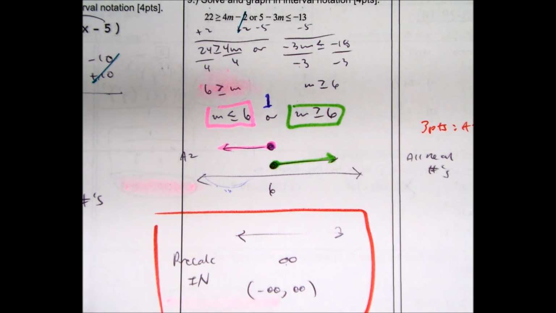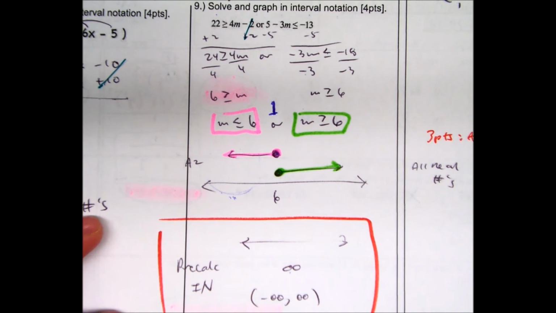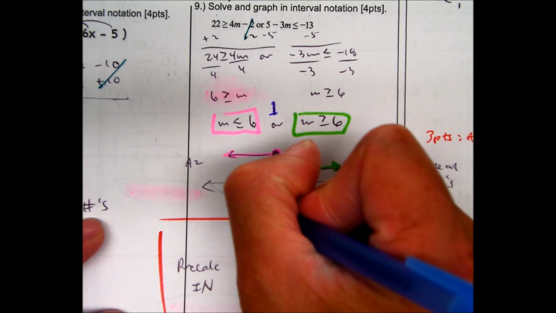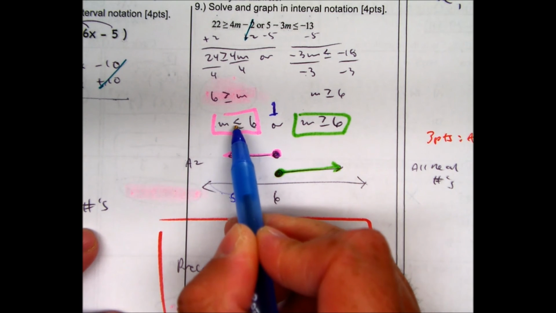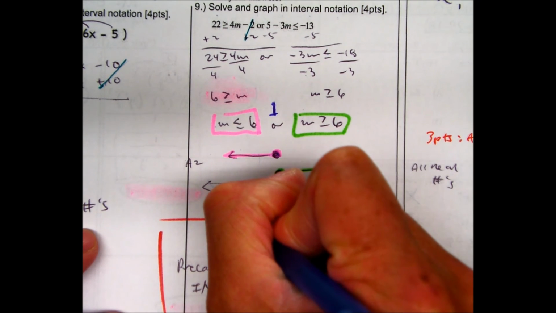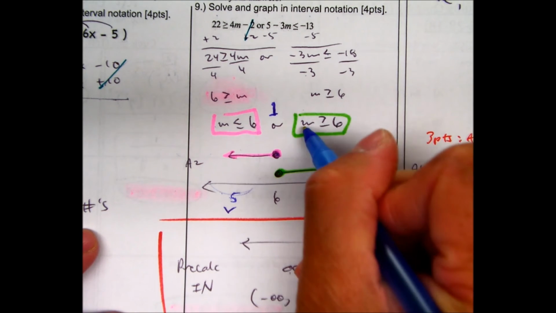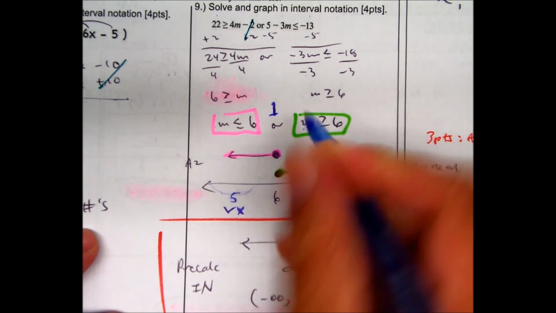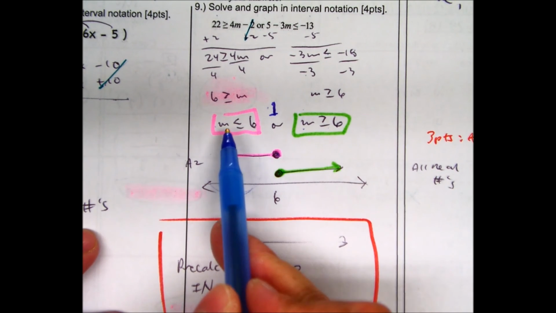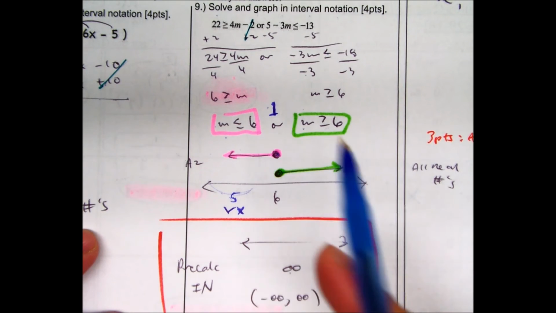Let's use some test points to help you. Let's say you pick 5. 5, is it smaller than or equal to 6? Yes, it is. Is 5 bigger than 6? No. But remember, I only need one check mark because it's this or this.